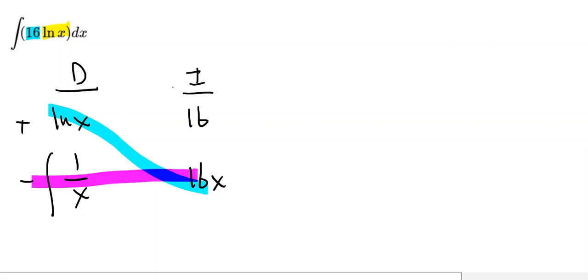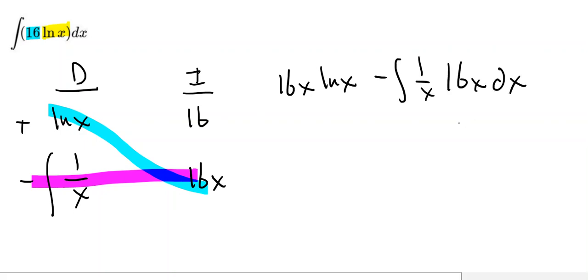So diagonally we have 16x times the log of x, and then going across we have minus the integral of 1 over x times 16x, and then we have to put the dx in there. And so the blue part was the diagonal, and the purple part was the horizontal.